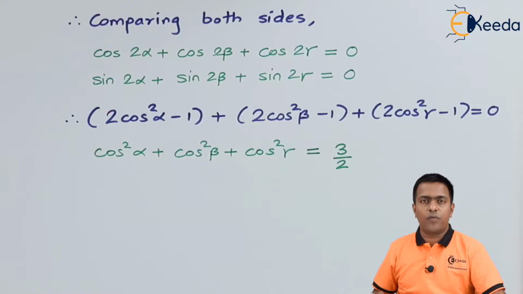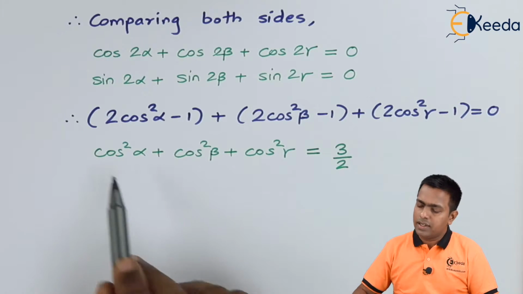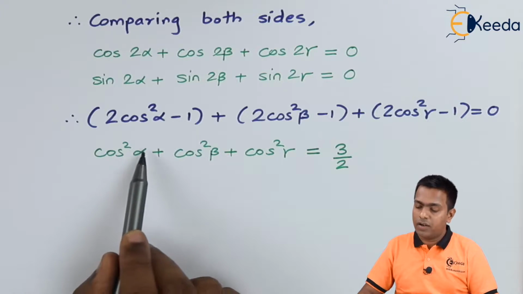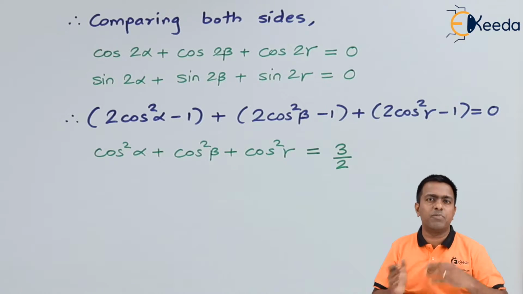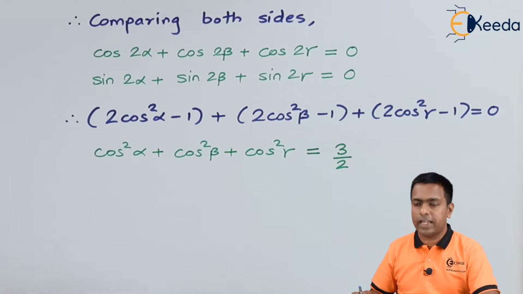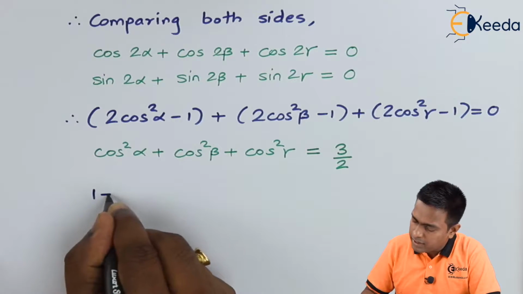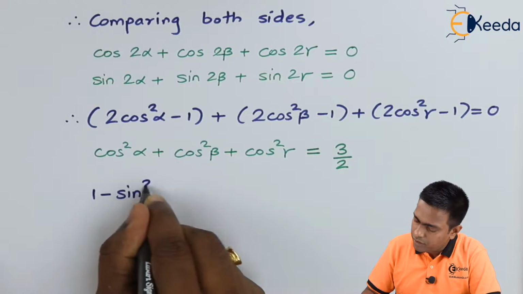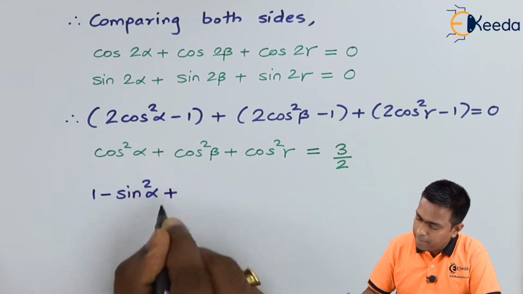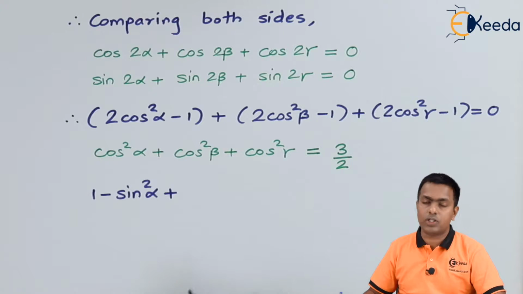So let's start. For that, guys, what I'll do is I'll substitute the formula for cos square alpha in terms of sin square alpha. So we all know the value of cos square alpha is 1 minus sin square alpha, plus the value for cos square beta is 1 minus sin square beta, and similarly for gamma.